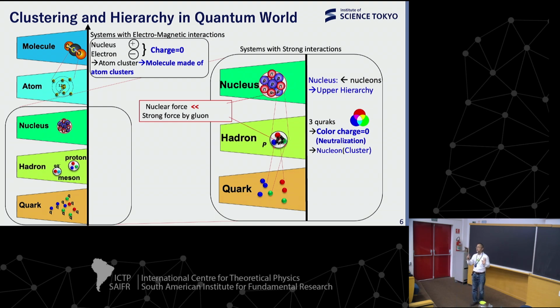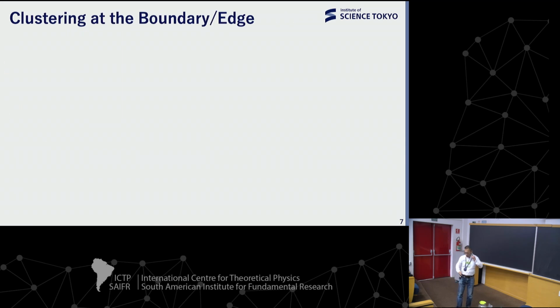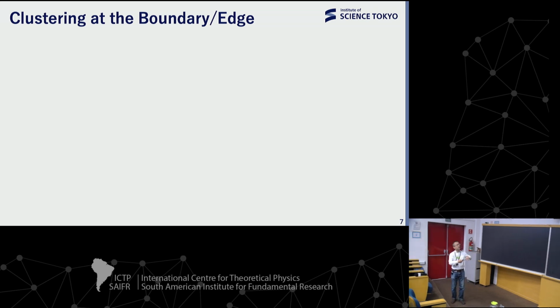So this kind of thing happens at any scale. So this is one important factor, I think, in this hierarchical structure. Okay. So now I'd like to discuss clustering at the boundary between these hierarchies.